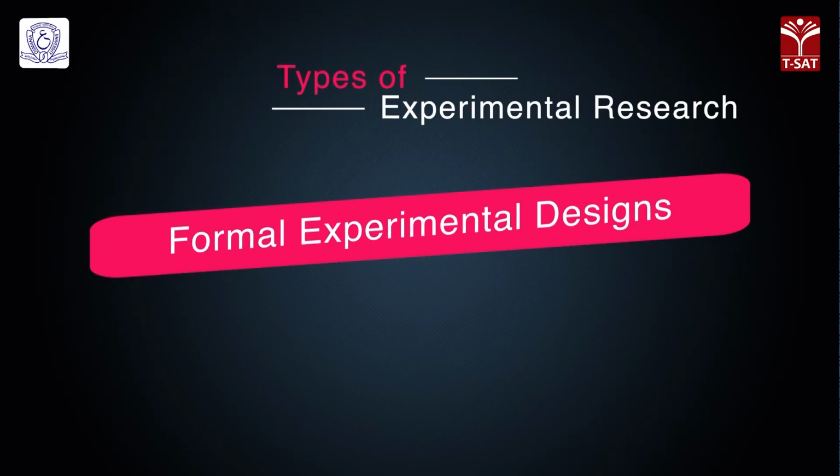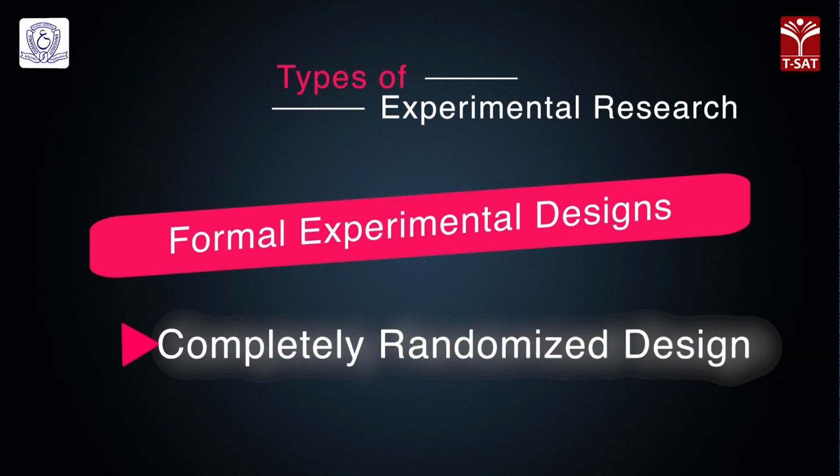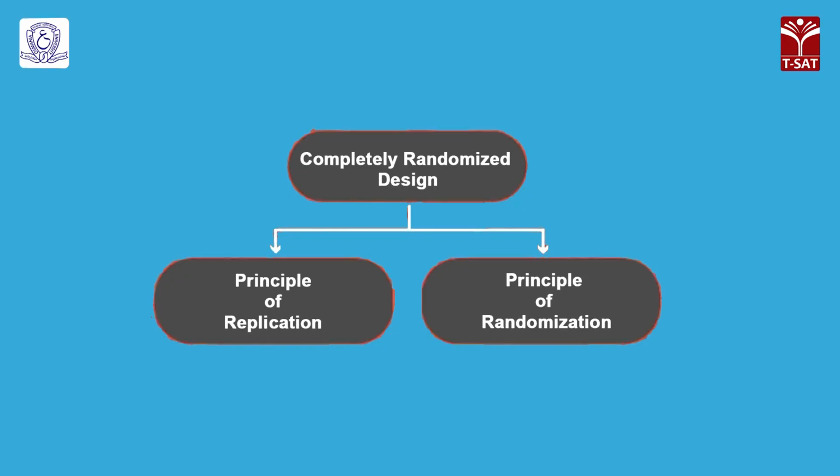Now, we will discuss formal experimental designs, and under that, the first one is completely randomized design. This design involves two principles of experimental design, that is, the principle of replication and the principle of randomization. The main characteristic of this design is that subjects are randomly assigned to experimental treatments.